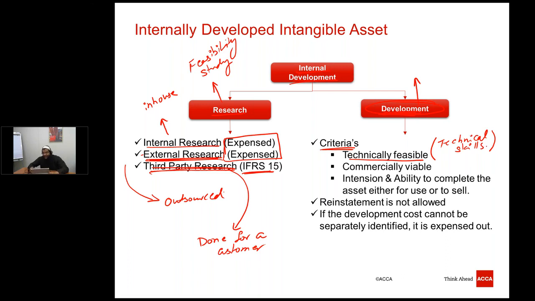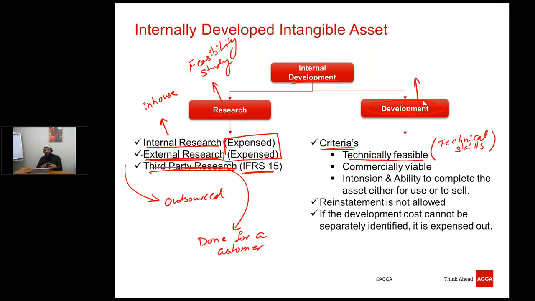So if an accountant decides to make a building, this is not the work of an accountant, so that is not technically feasible for him. And for example, an engineer decides to make financial statements, that is not technically feasible for him.